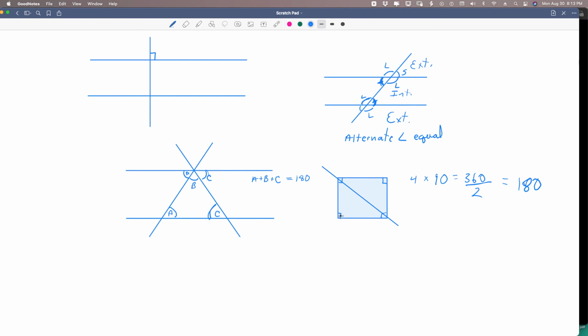So you get 90, 45, and 45, which equals 180. And then regardless of where you move those points, whatever shape that rectangle might be, you're still going to get 180.